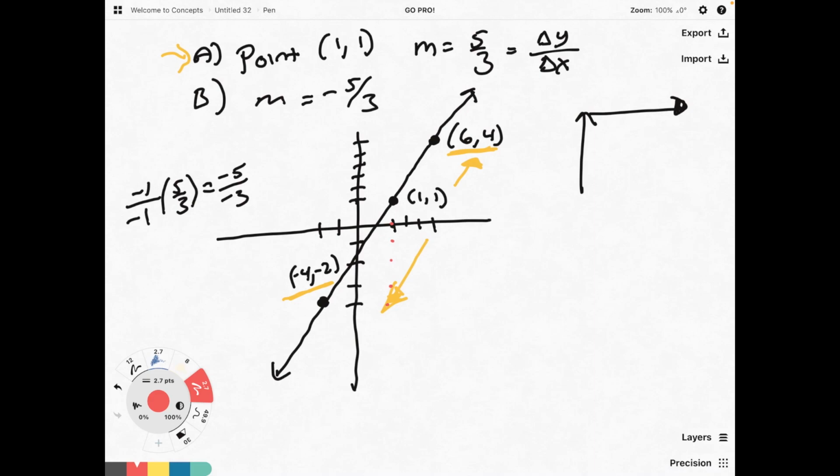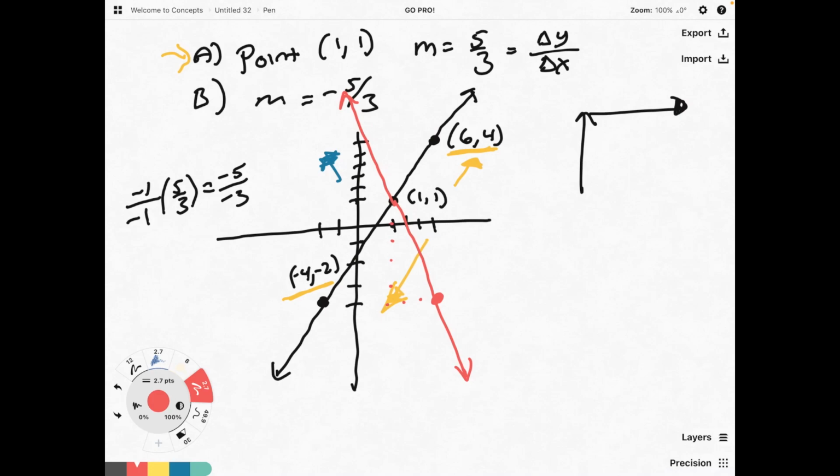However, we're going to go over to the right 3. 1, 2, 3. And that puts the point right there. And now because we have 2 points, we can connect these. And that's our line.